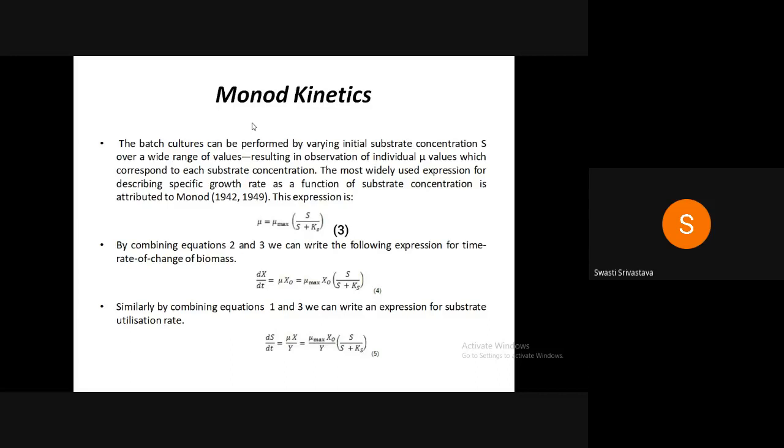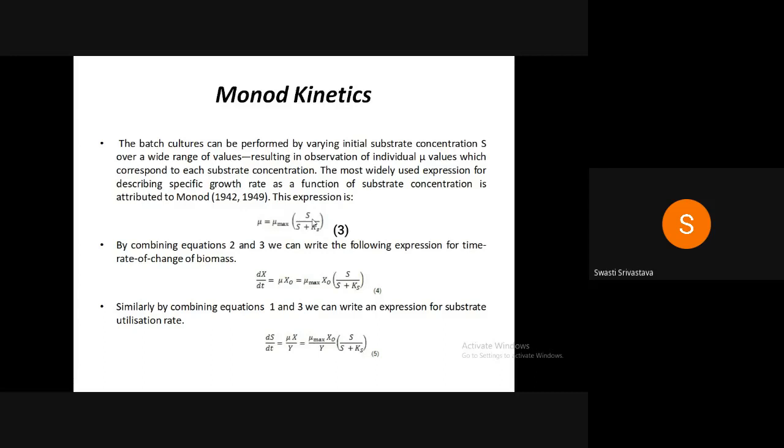So it is mostly given as an expression for the specific growth rate as a function of substrate concentration, and the expression is mu = mu max (S/(S + Ks)). Here S is your substrate concentration, mu max is your maximum specific growth rate, mu is your specific growth rate, and Ks is your substrate saturation constant, that is, the substrate concentration at half mu max.